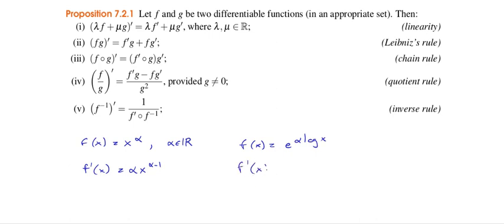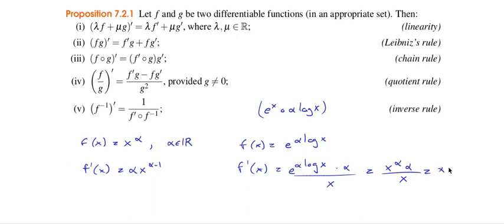Now applying the chain rule, f prime is the exponential composed with alpha logarithm of x, times the derivative of alpha logarithm of x, which is alpha divided by x. This is equal to x to the alpha times alpha divided by x, or in other words, alpha times x to the alpha minus 1, which is the derivative we were searching for.